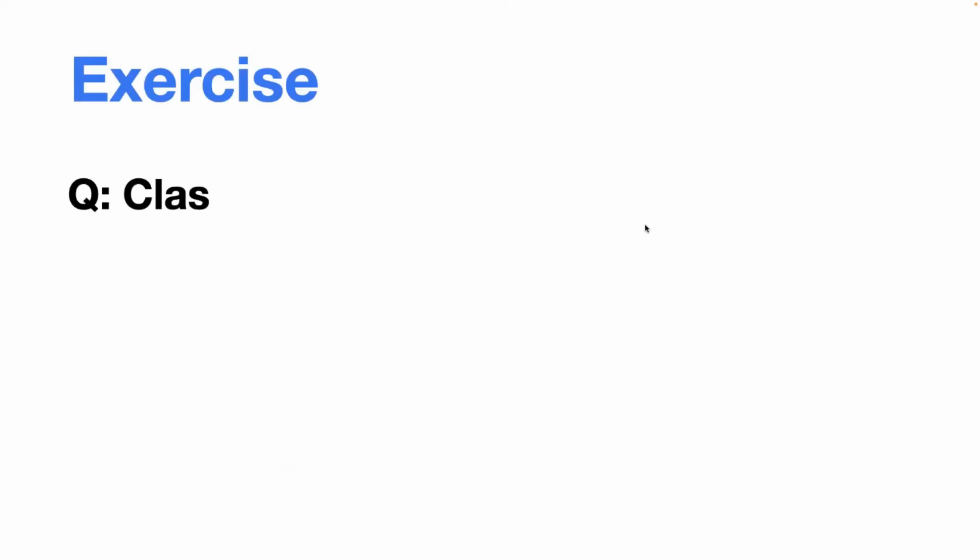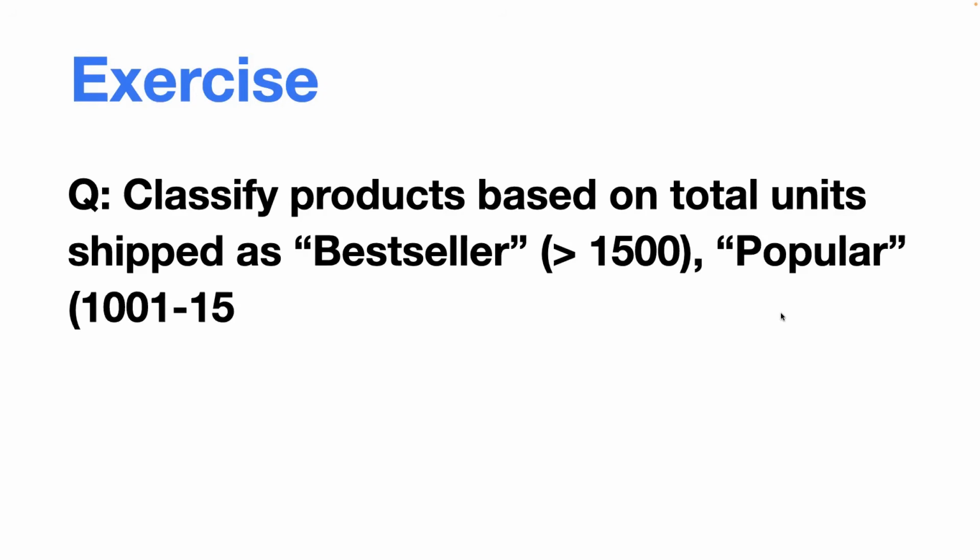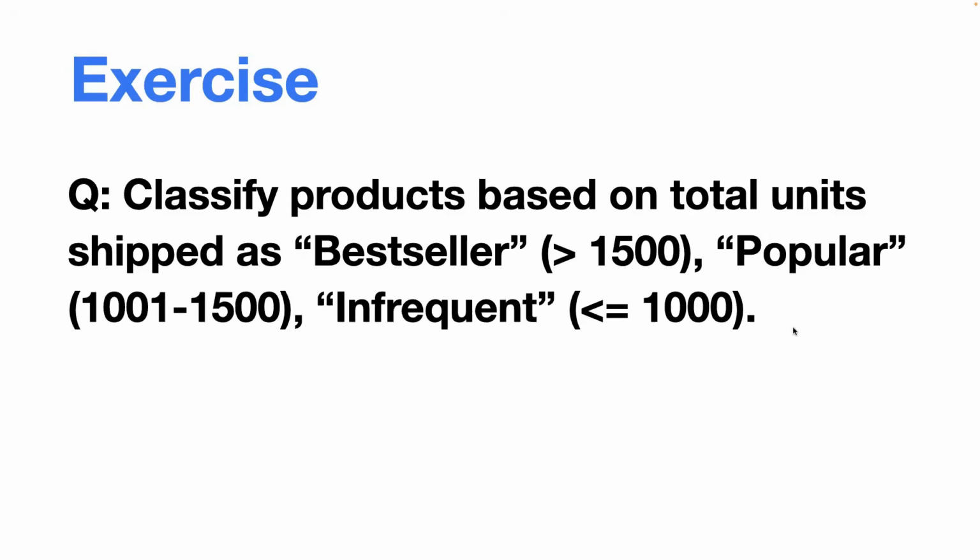So here's an exercise for you. Classify products based on total units shipped as bestseller, which is where if the product has shipped more than 1,000 units, popular if the product has shipped 1,000 to 1,500 units, and infrequent if the product has been shipped less than 1,000 units.